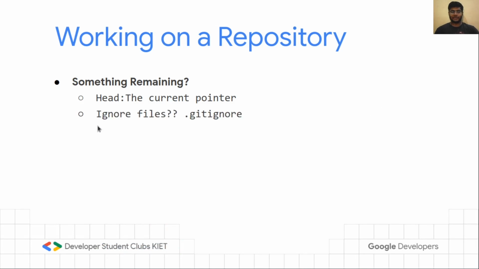So next we have ignore files, .gitignore. This is an important aspect while working with Git. Suppose your project has some files containing credentials, keys, or passwords that you have used in your project, but you don't want the public to use them under your name.